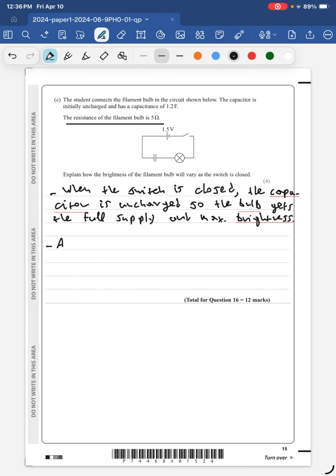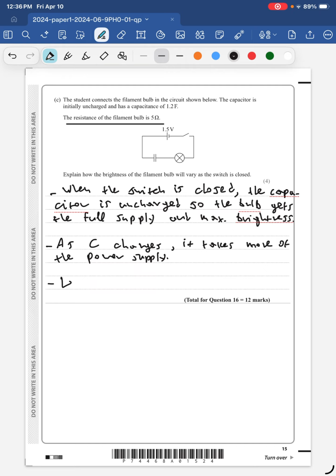Now as the capacitor charges, it takes more of the power supply because voltage starts forming across its ends, right?